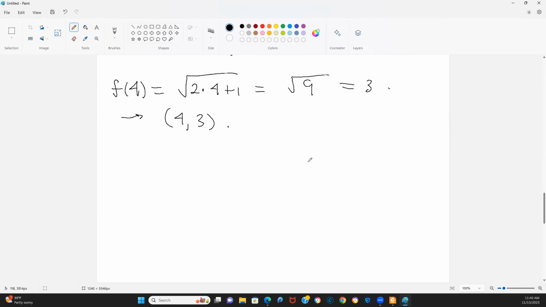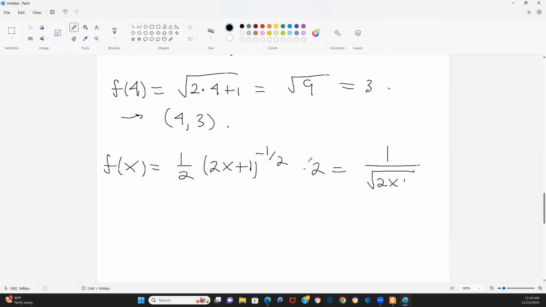We have the point. Now we need the slope, which is where finding the derivative comes into play. The derivative of this function is 1/2 times 2x plus 1 to the negative 1/2 times the derivative of the inside, which is 2. So f prime at this point will be 1 over the square root of 2 times 4 plus 1. We basically did this calculation already.